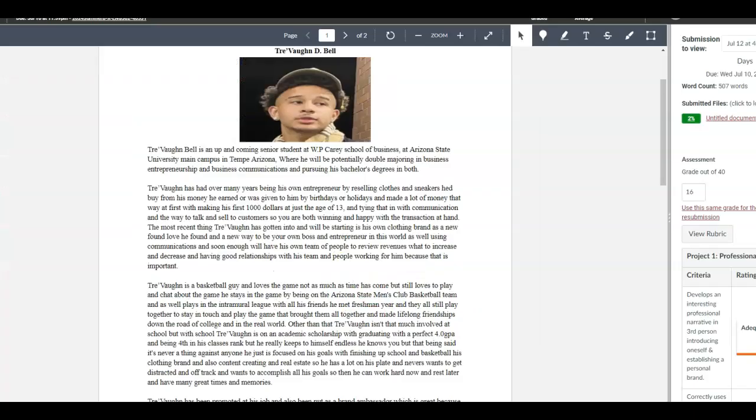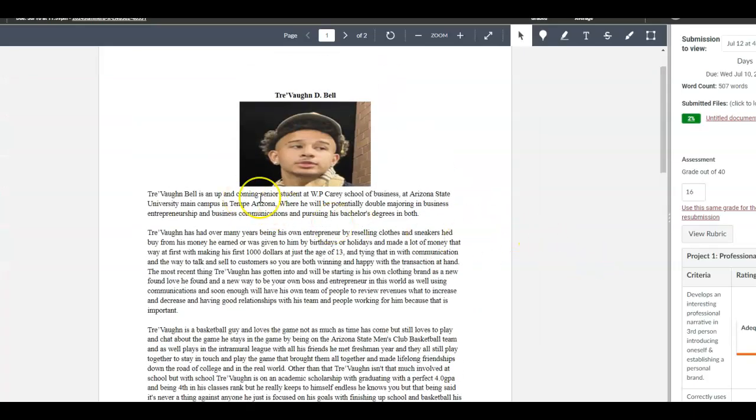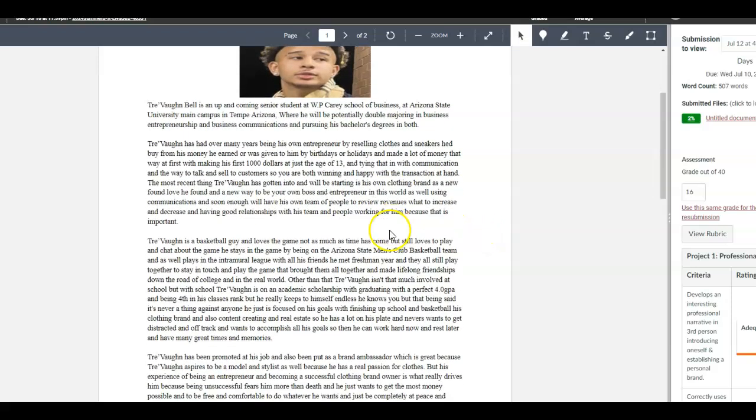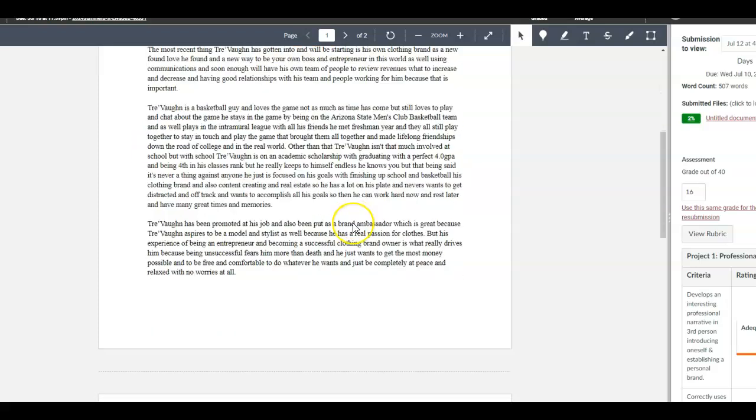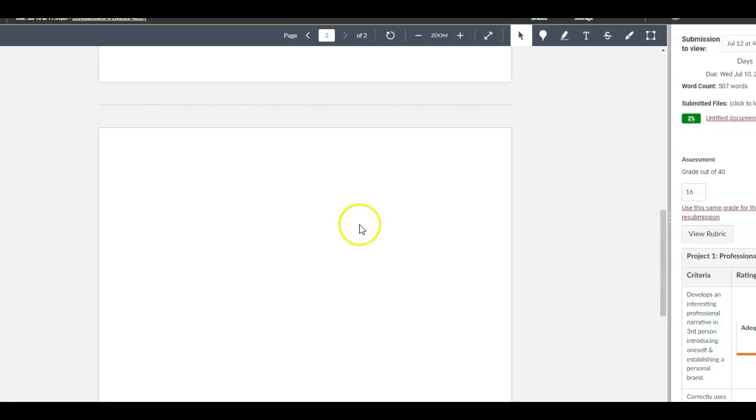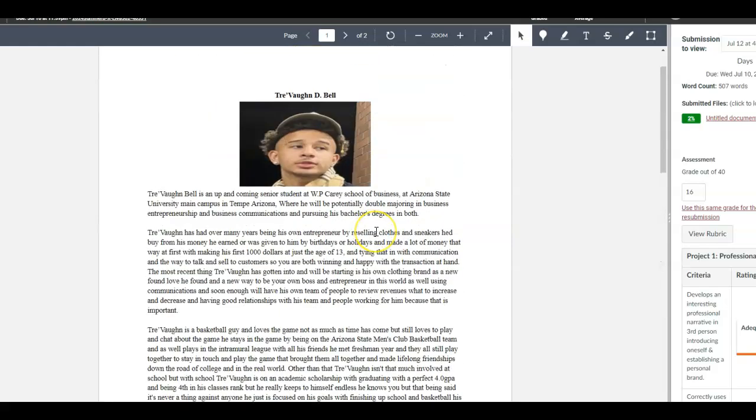If we go over and look at yours right here, you open up with a good paragraph on who you are as a student at ASU and what your major is. But then it gets into a lot more. Well, first of all, let me step back. This is only one bio. It's missing the second bio, and that's automatically going to cut the points in half.